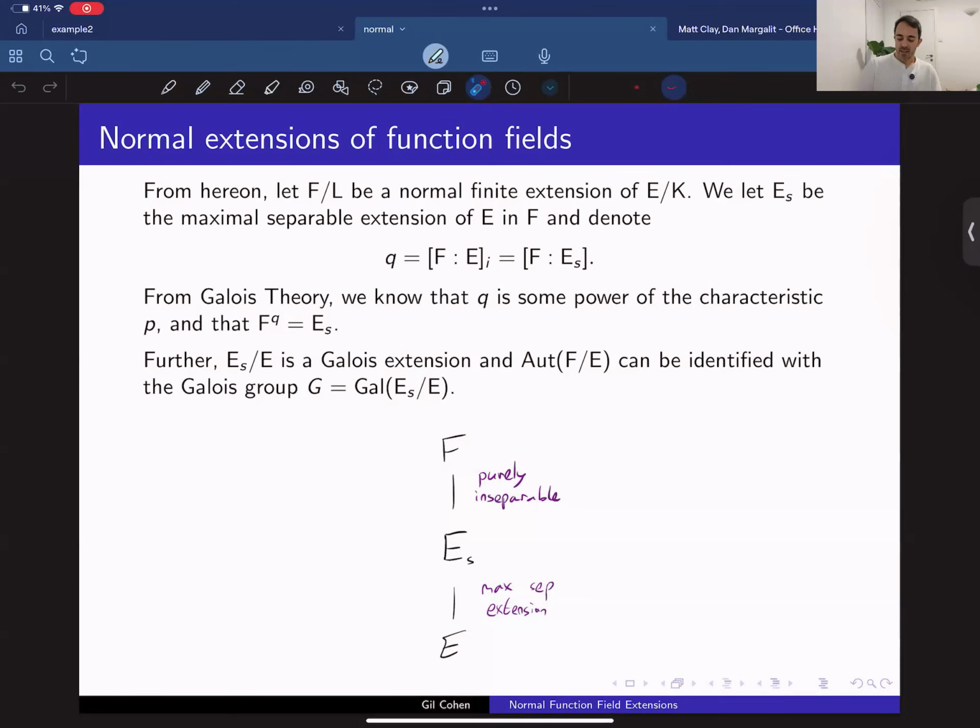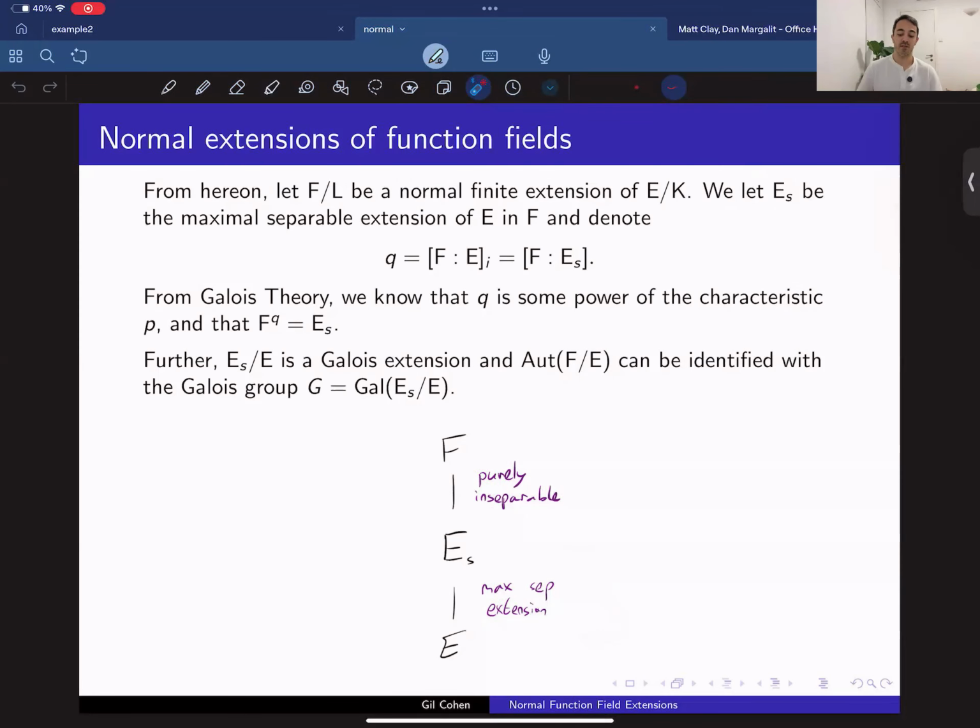And we know more than that. We know that the extension E_s over E is separable. It's the maximal separable extension of F over E, so it's obviously separable. It's also normal.